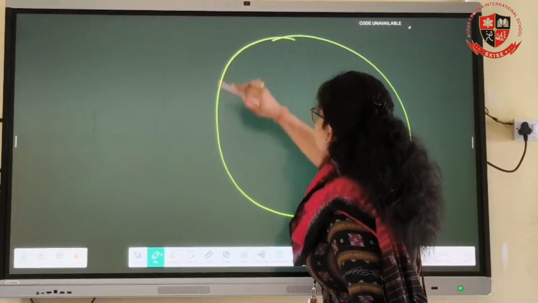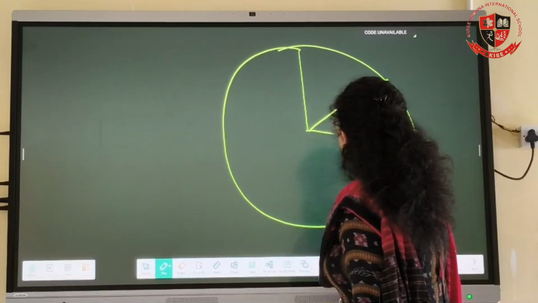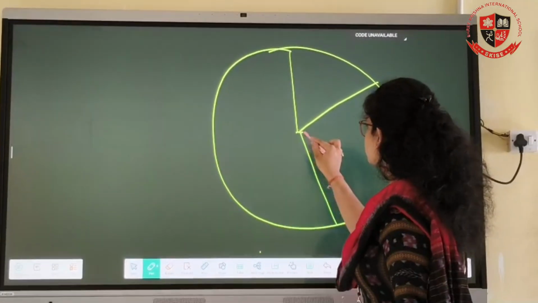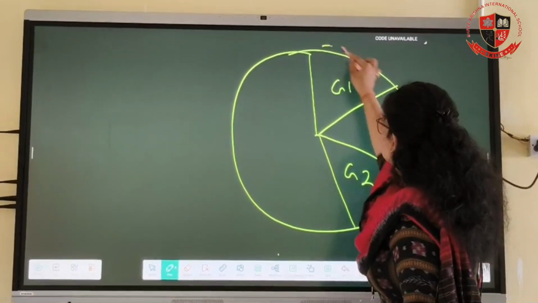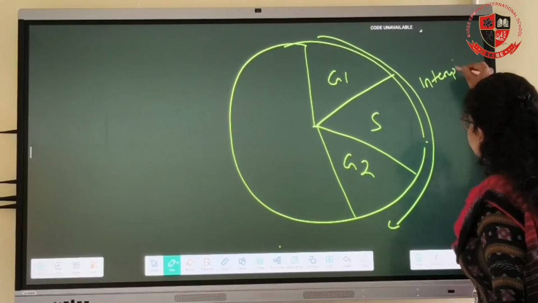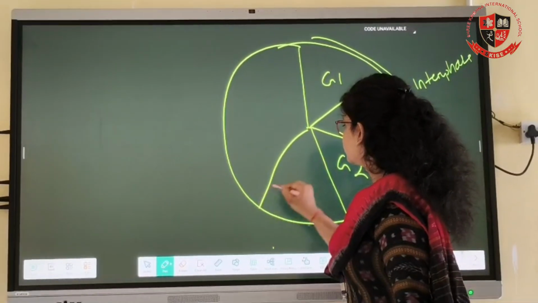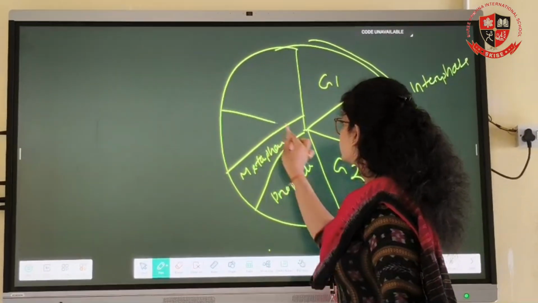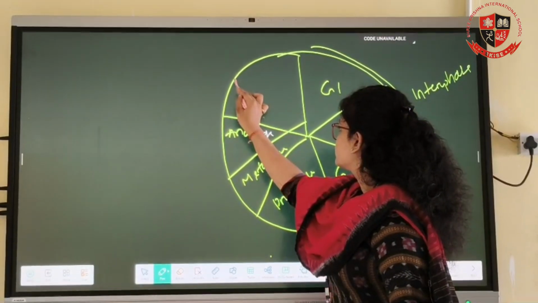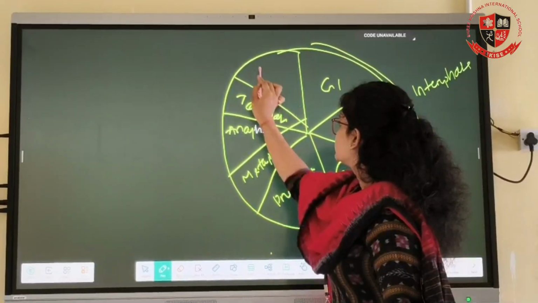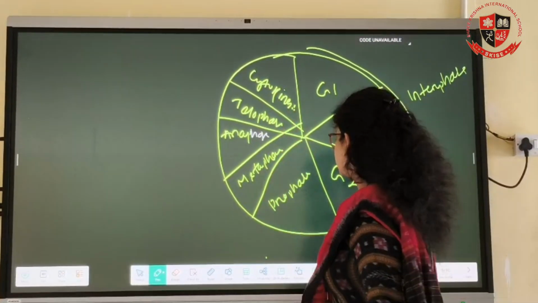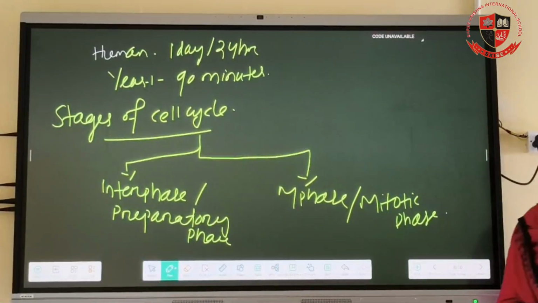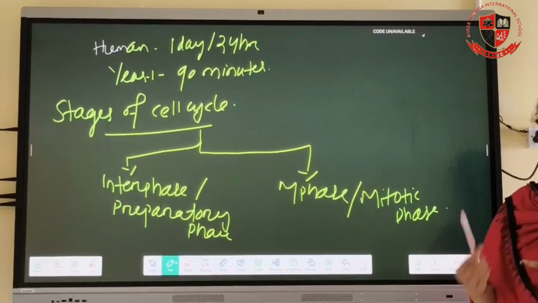This is the diagram of the stages. Interphase or preparatory phase means it is preparation for the cell division.